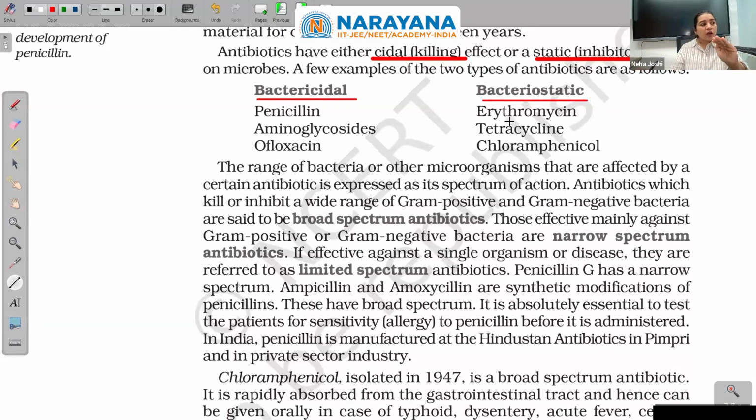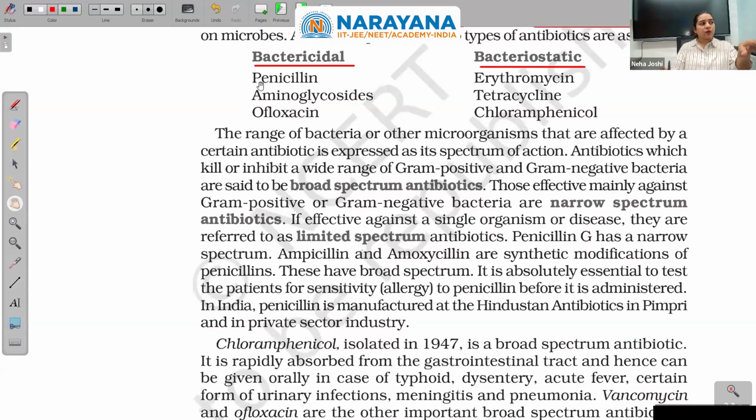Static will stop or inhibit the bacteria, and cidal will kill the bacteria. Bactericidal are penicillin, aminoglycosides, ofloxacin. Bacteriostatic, which inhibit, are erythromycin, tetracycline, chloramphenicol.